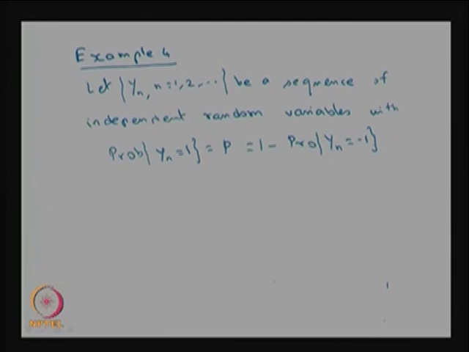We have a stochastic process, and each random variable is an independent random variable, and the probability mass function is provided with this situation.